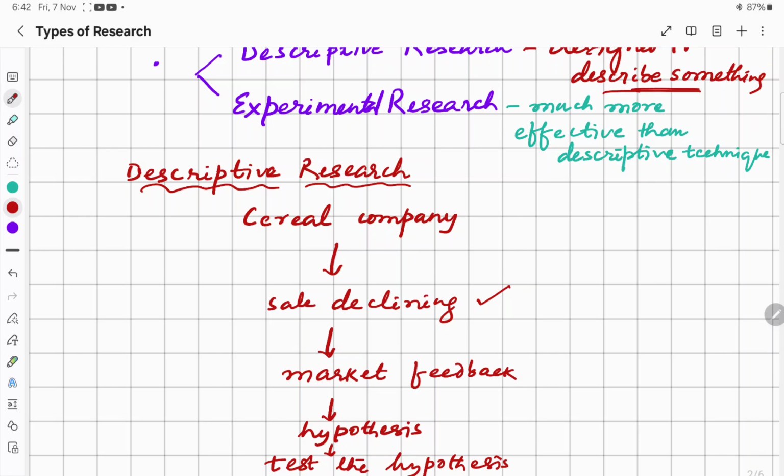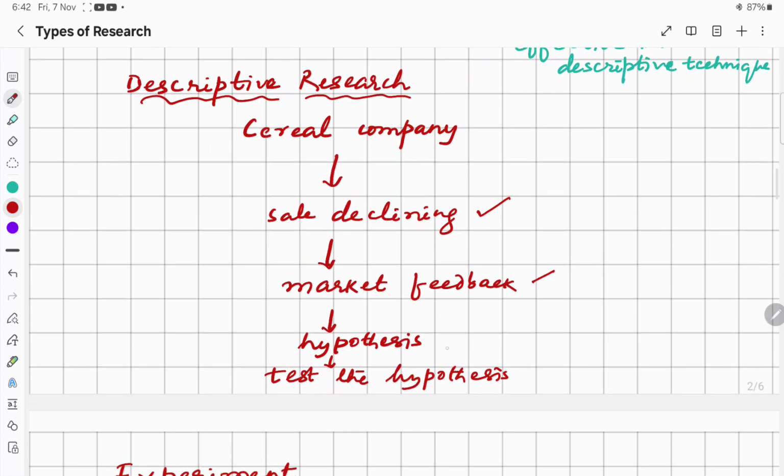On the basis of the market feedback, the company may hypothesize, suppose, let us take one hypothesis, that teenage children do not eat cereal for breakfast, that they do not take its product at breakfast.